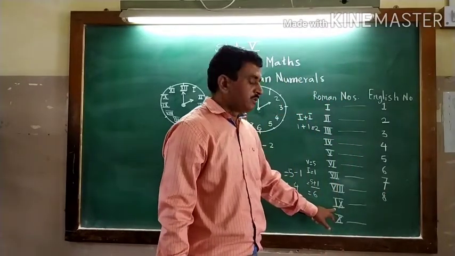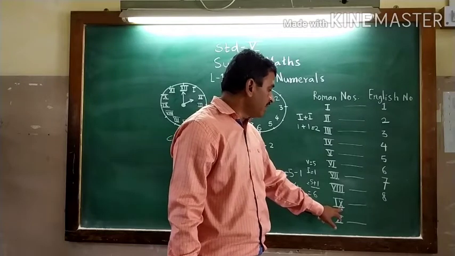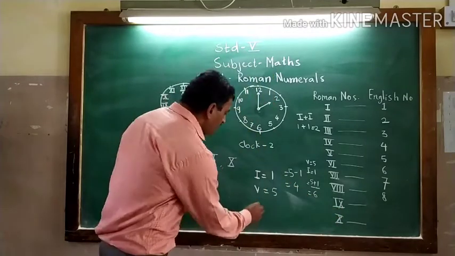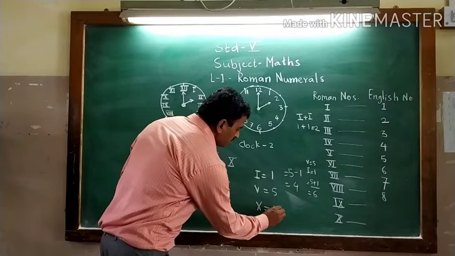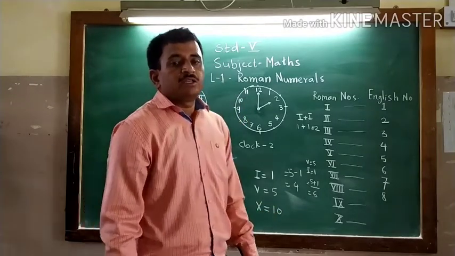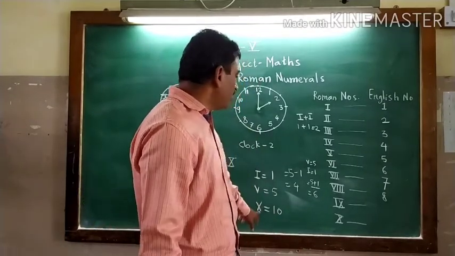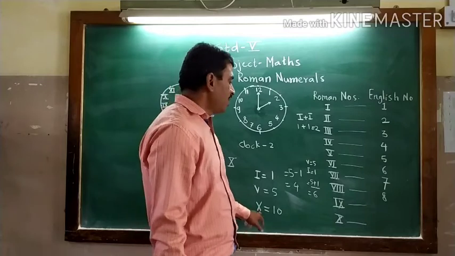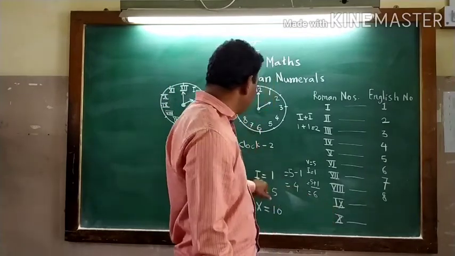Now, 9. Here is 10. 10 is represented by X. So, value of X is 10 and value of I is 1.